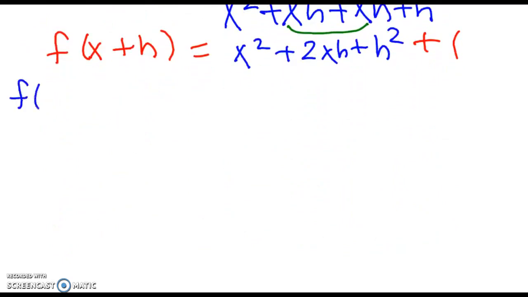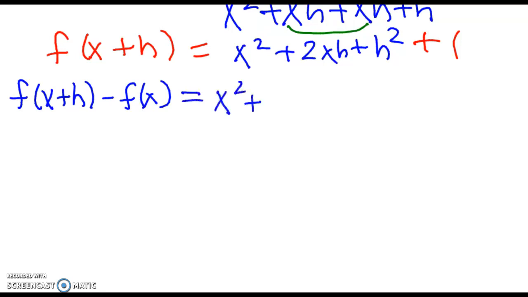So f of x plus h minus f of x is going to equal all of this minus f of x. So I'm going to rewrite it. X squared plus 2xh plus h squared plus 1 minus, and f of x was x squared plus 1.